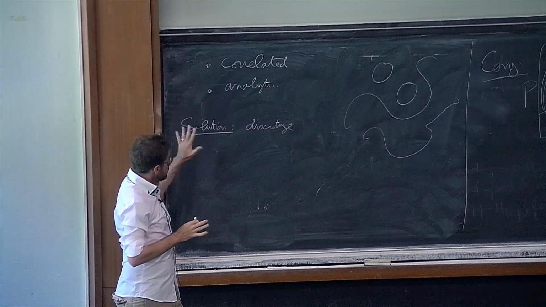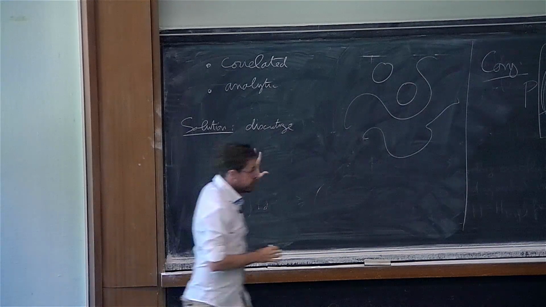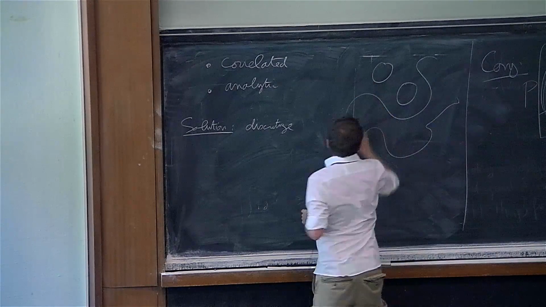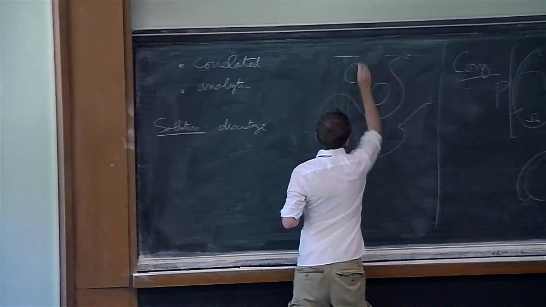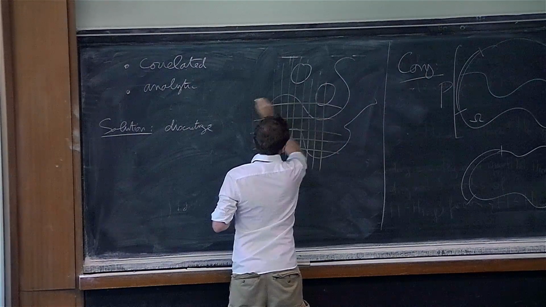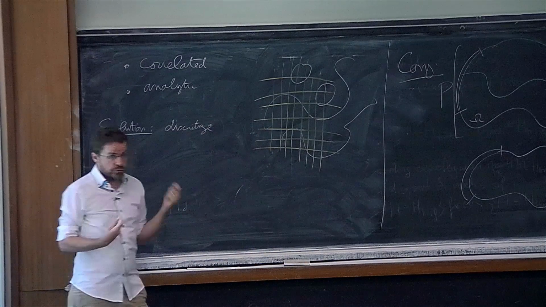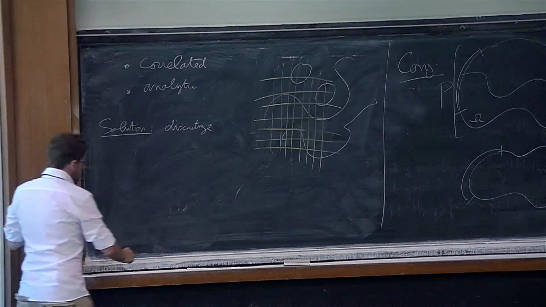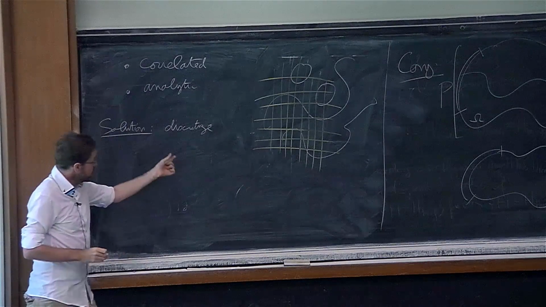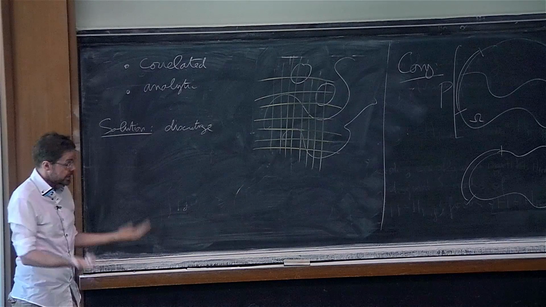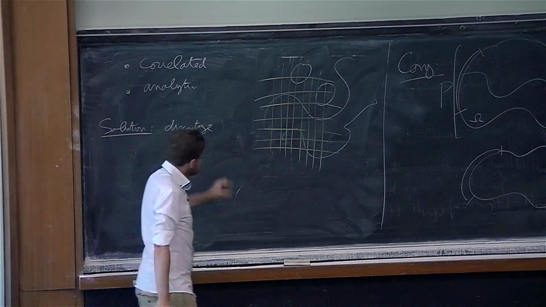And on top of the picture, we put a very fine grid. And what we do is we look at the sign of the function on the vertices of this grid. And the whole point is that you need to choose the mesh of the grid in a proper way, and that's all the technical points of the paper.